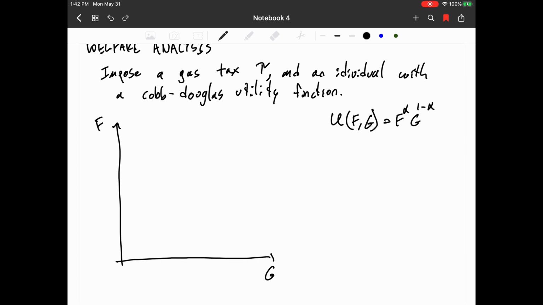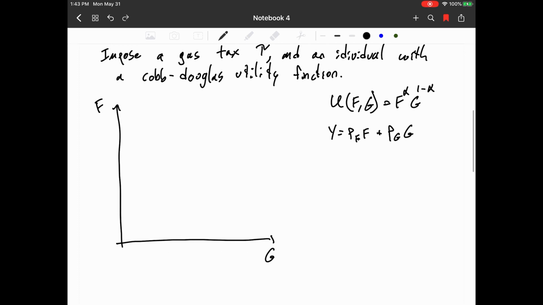And we can rearrange the utility function, or excuse me, the budget constraint. We have the price for F times F plus the price for G times G. And this is pre-tax. Post-tax, we actually can write our budget equation in the following way.